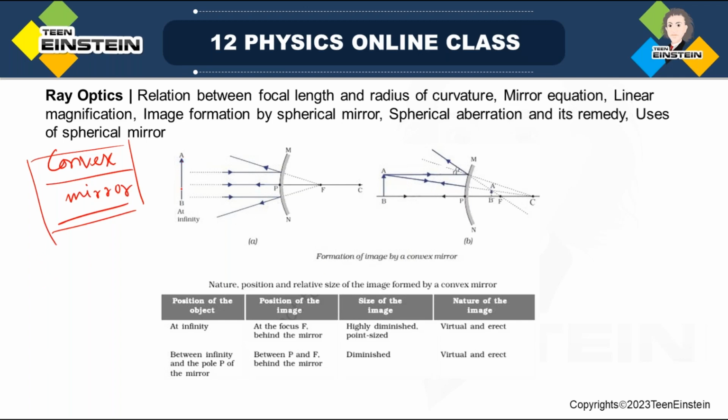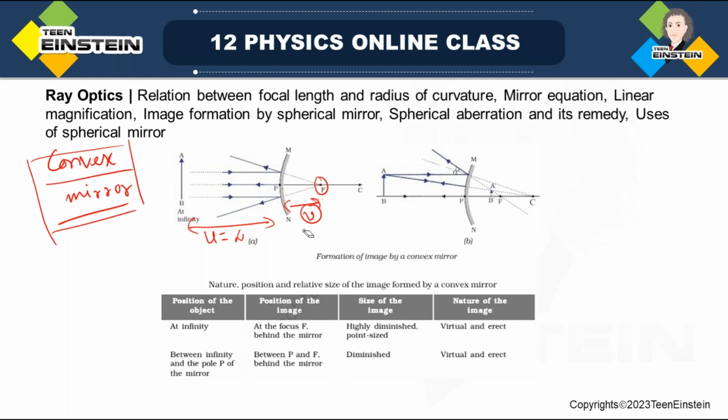See, if I keep the object at infinity, then a point image will be formed at the focus behind the mirror. The image is formed behind the mirror. This image distance is denoted by, say, PF here. The image distance is denoted by v, and the object distance is denoted by u, which is here infinity.